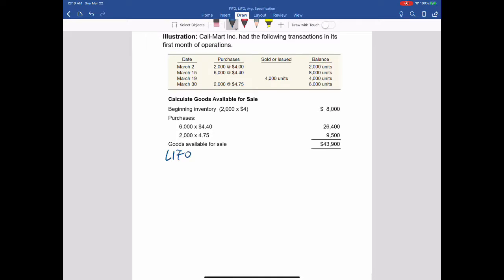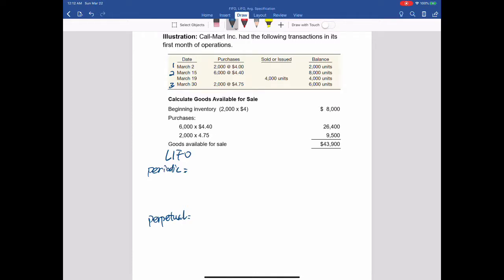The next one is LIFO. Again, we still need to consider the inventory system the firm applies. First, second, third. Okay, LIFO means last in, first out. So when we determine the cost of goods sold and end inventory, we use opposite order of FIFO.